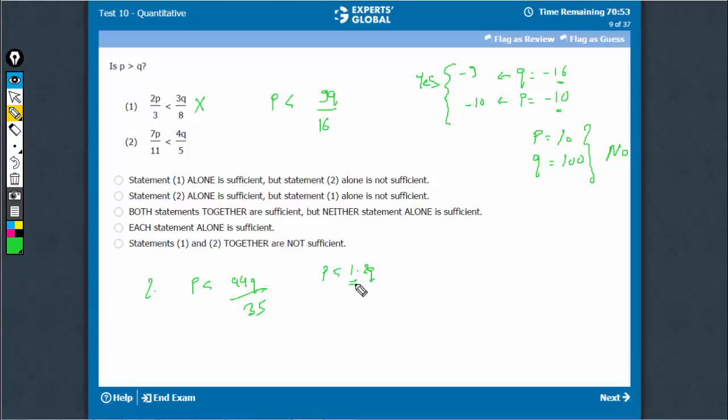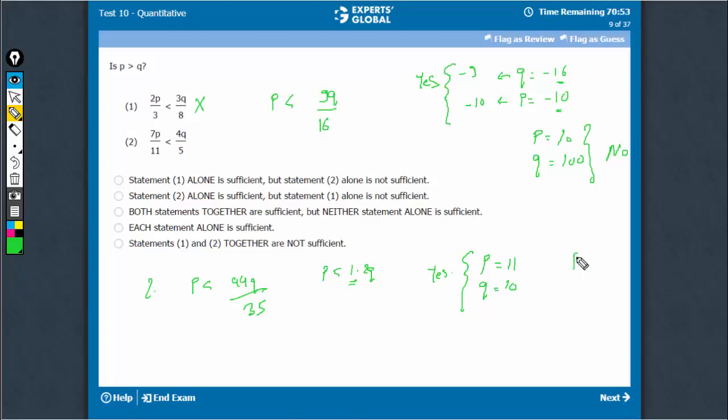So originally it is possible, for example, P is equal to 11 and Q is equal to 10. So it is possible that originally P was greater, but on being multiplied by 1.2, Q became greater. So in this case the answer would be yes, P is greater than Q.